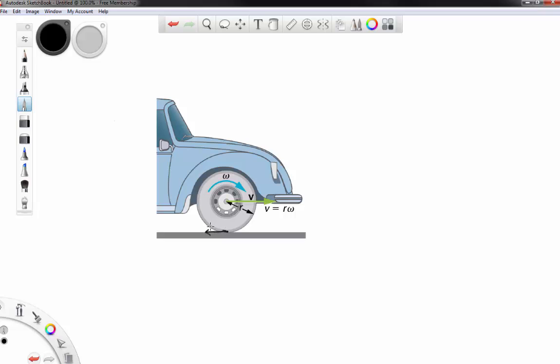But the thing is that the car is actually moving forward. So that means that this tangential velocity, the actual velocity of this little dot that's sitting here on the car, is going to have to be given by this tangential velocity plus the actual translational velocity. So we could call that V tan and V tran, if you will. So V total is going to be V tangential plus V translational.